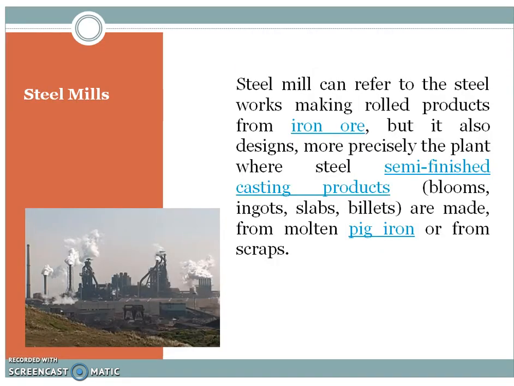So what is a steel mill? We make steel with the help of iron ore. From iron ore, we create pig iron, and from that we create the steel products. Before coming to the end product, in between there is one stage present, called semi-finished products, that is blooms, ingots, slabs and billets.